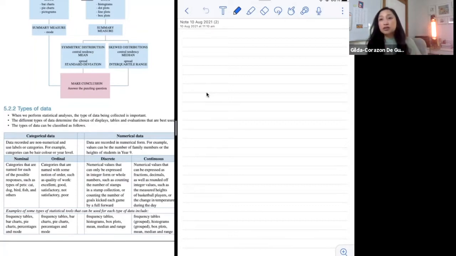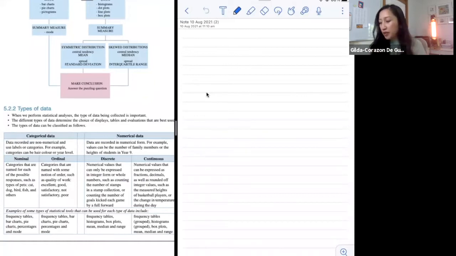Each of those colors would be named, or the most popular TV show, that would be named as well. But when you say ordinal, it could be how well you are progressing during the remote learning. Then they would be in categories. You would probably say excellent, good, satisfactory, not satisfactory, and poor. That is where there's an order, right?